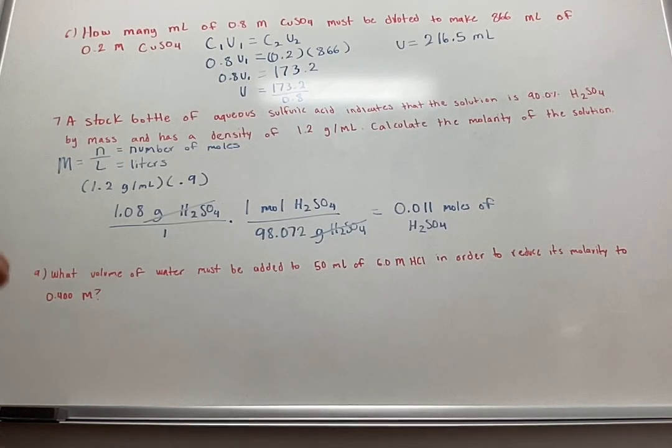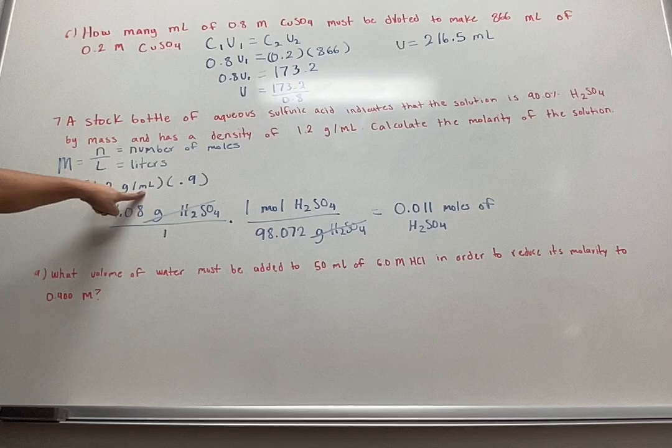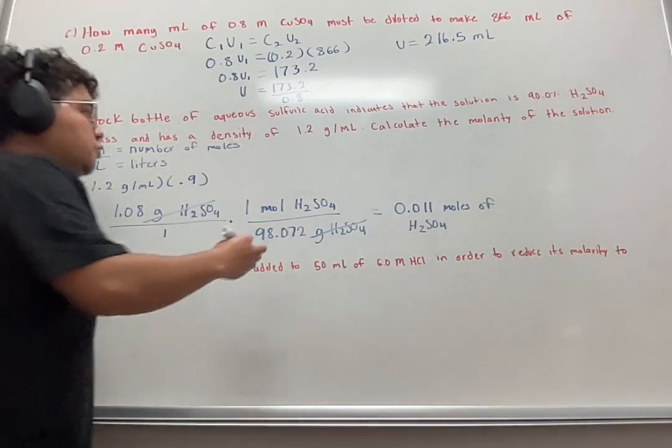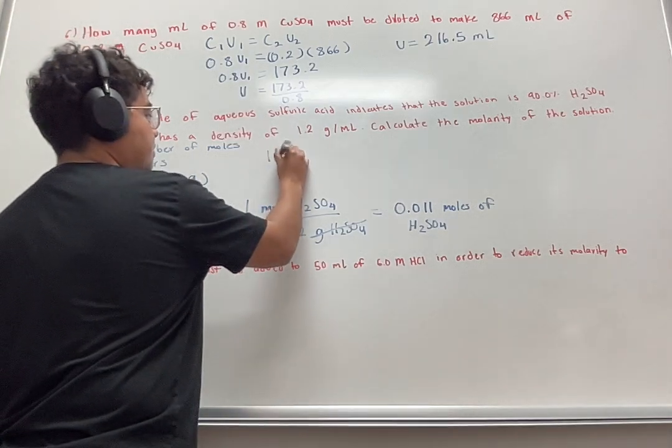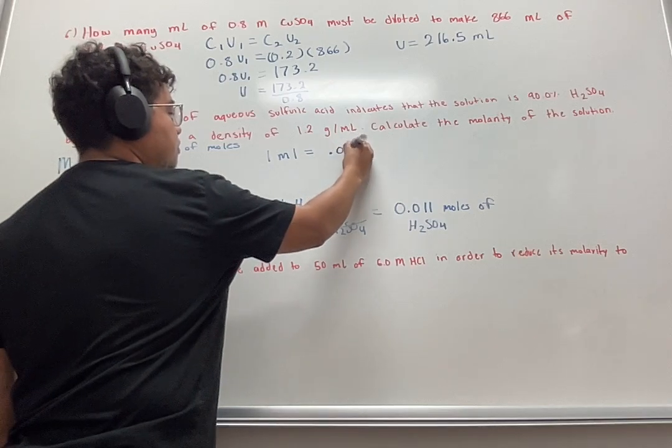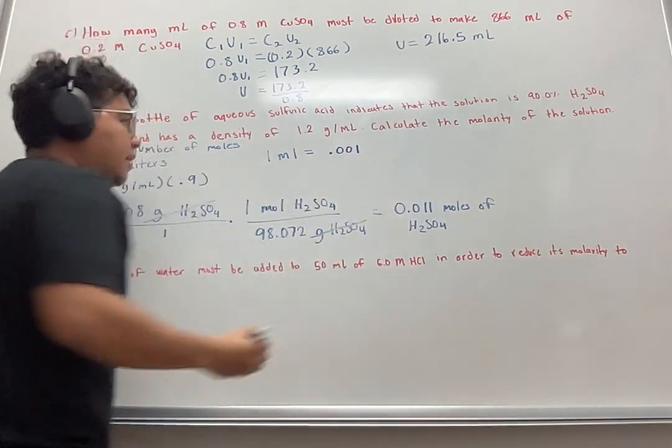At the beginning, I said we can assume there's 1 milliliter, so we're assuming it's only 1 milliliter. 1 milliliter in liters is really 0.001.